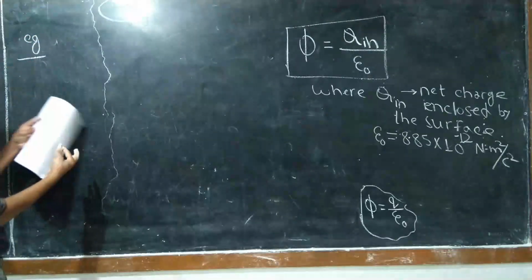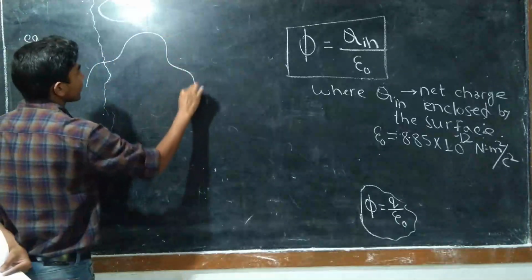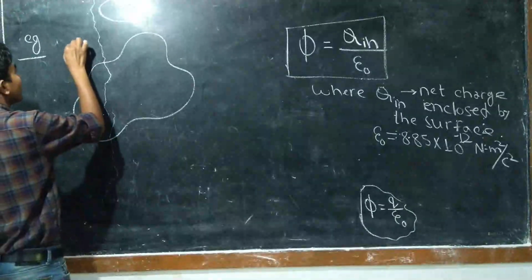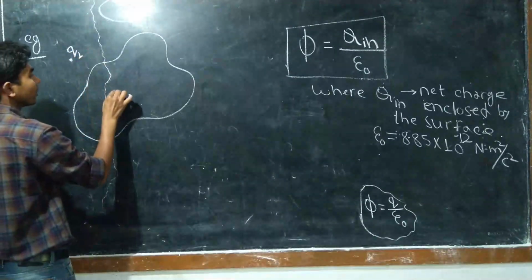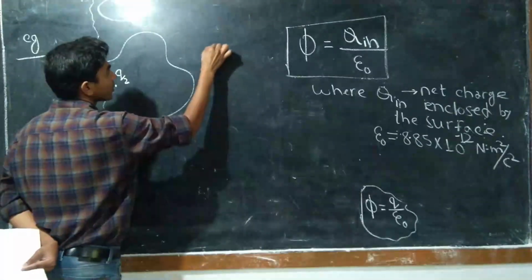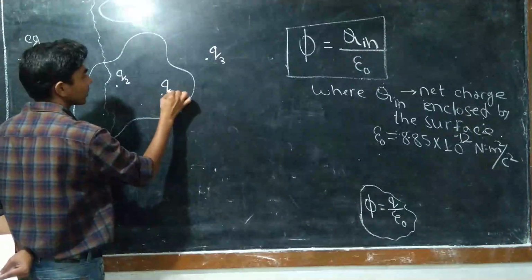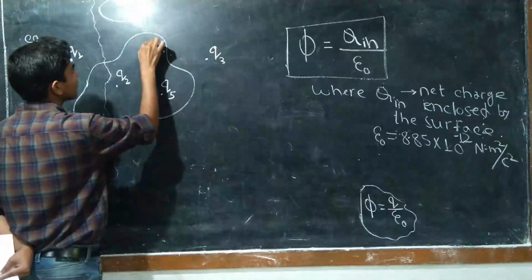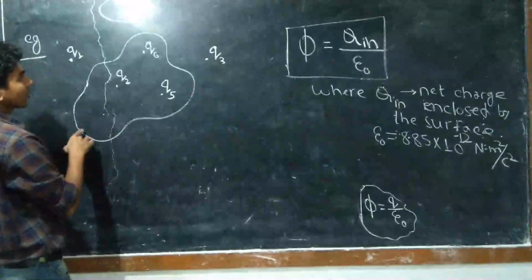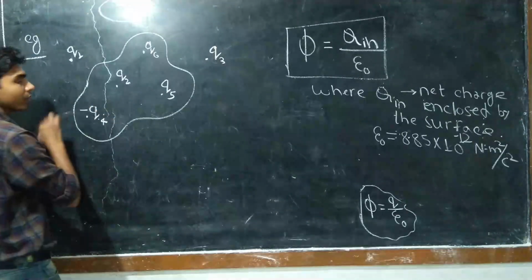Suppose one closed surface is given, and many charges are present. Charge 1 is here, charge 2 is here, charge 3 is here, charge 5 is here, and charge 6 is also present. Charge 4 is here, and suppose charge 4 is negative.